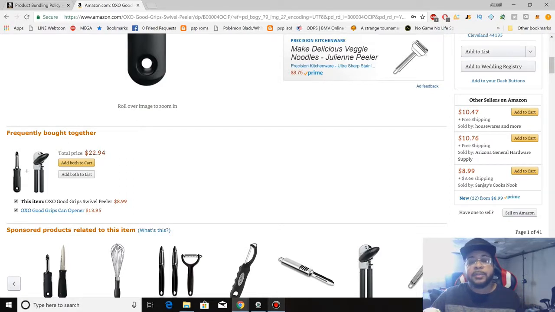If so, that would be awesome, and they can just bundle them together for you. Otherwise, you might have to have one supplier send one part of your product to the other supplier and have them put it into a bundle, and then have them ship it to Amazon from there. If your products come separately to Amazon, Amazon is not going to package and bundle everything together for you. So keep that in mind.